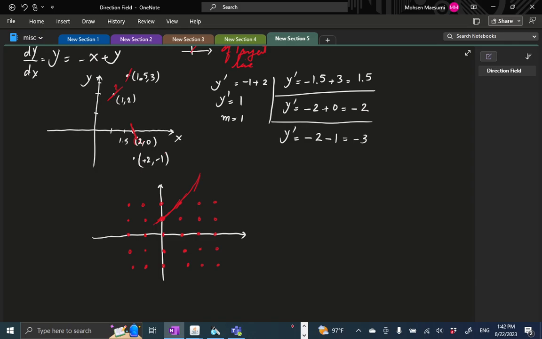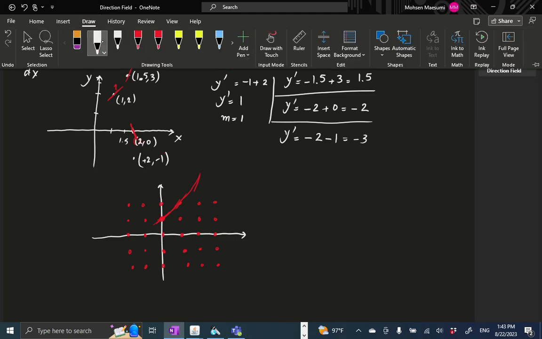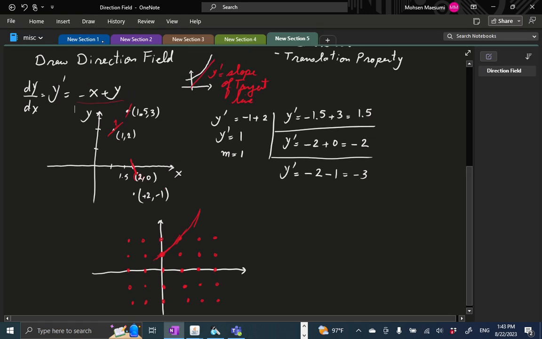So how do we use this for analysis? Let's take this one, y prime is equal to minus x plus y. What kind of information can we extract from our direction field?